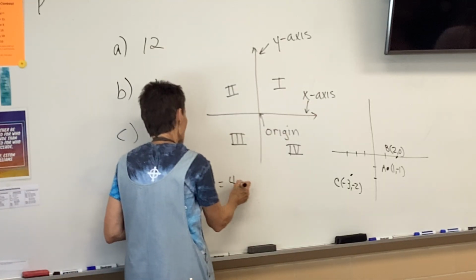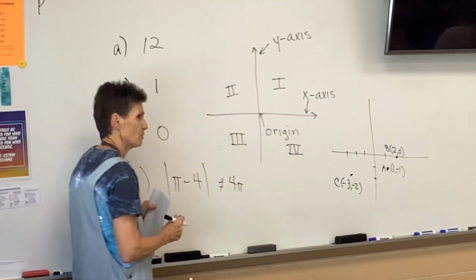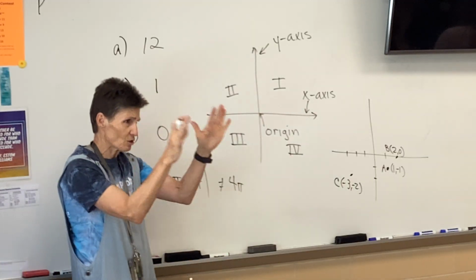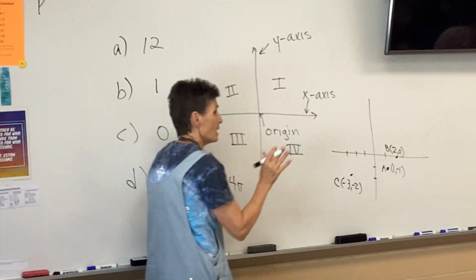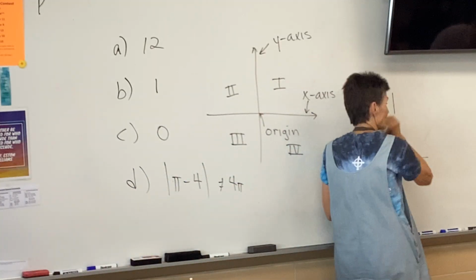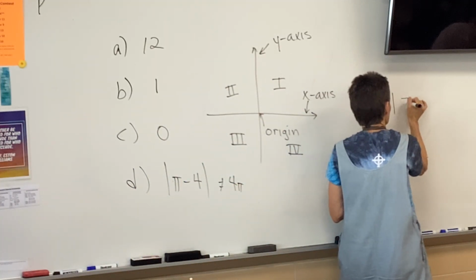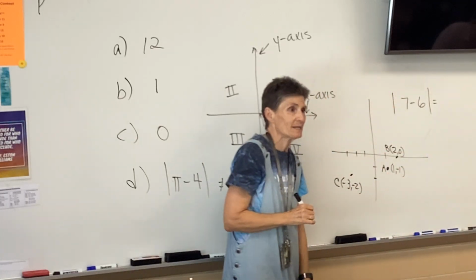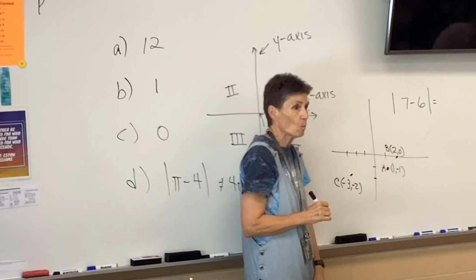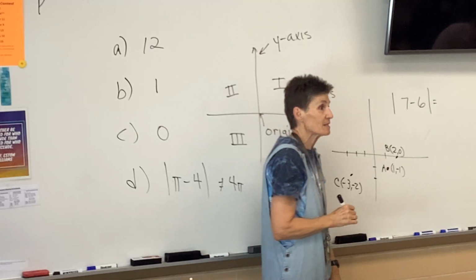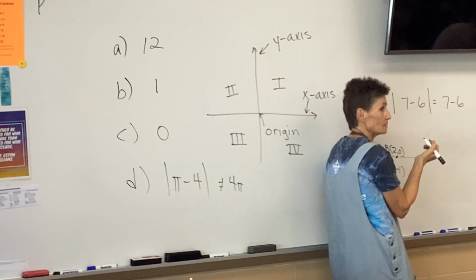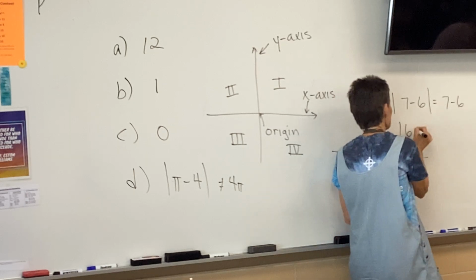I don't think so. That's not a multiplication problem. So here's what I want you to think about for a minute. Don't get confused. What if we had the absolute value of 7 minus 6? What is the absolute value of 7 minus 6? Isn't that 1? And isn't that the same as 7 minus 6? Okay, but what if it were 6 minus 7?